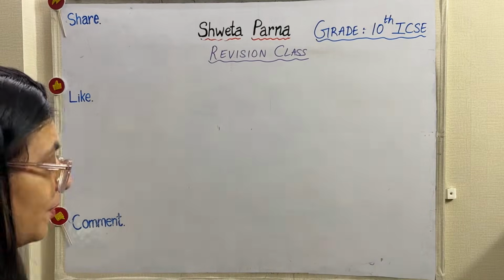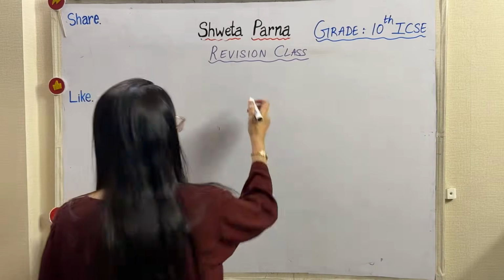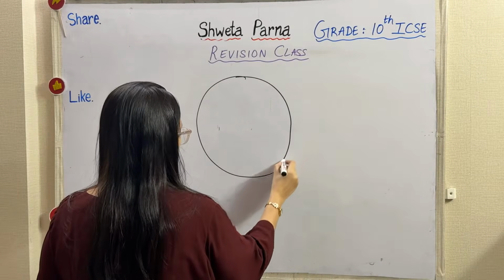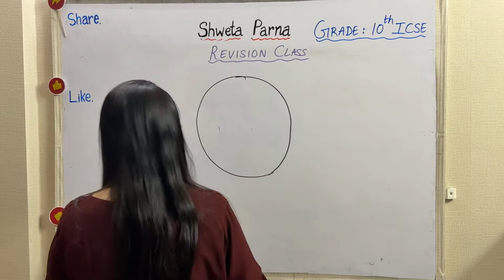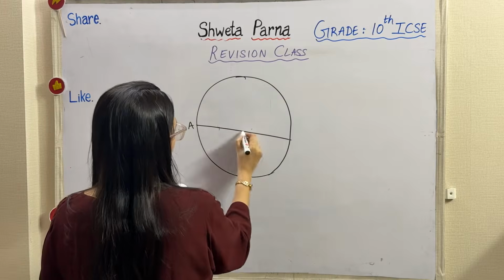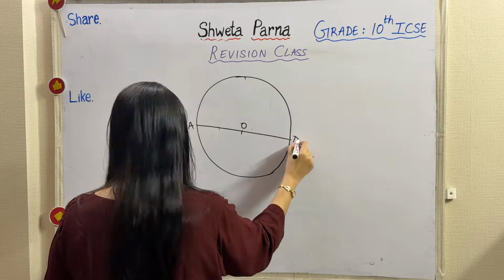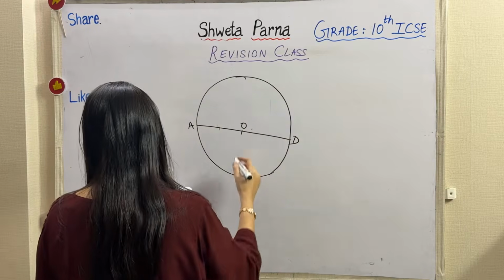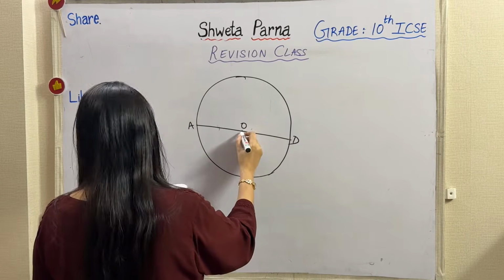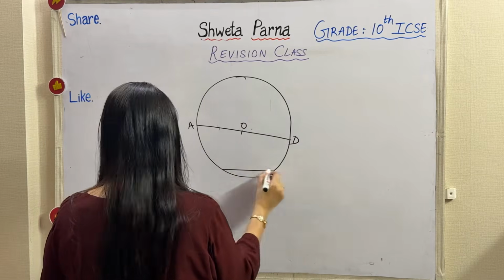This sum you must have seen before, but this is a very important question. Center of a circle is O and D. There is one more chord which is BC.